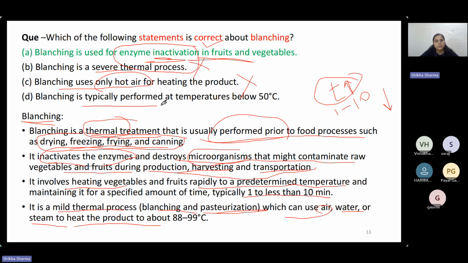Is blanching typically performed at temperature below 50 degrees? Actually blanching is performed at 88 to 99 degrees Celsius, sometimes 70 to 99 degrees also, and for less than 10 minutes. So below 50 is not correct. So option A is correct.